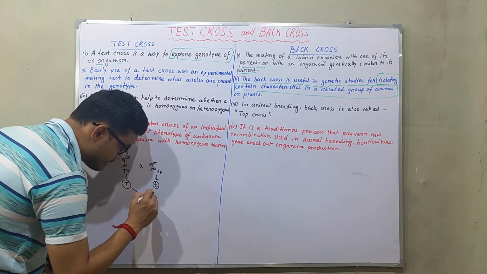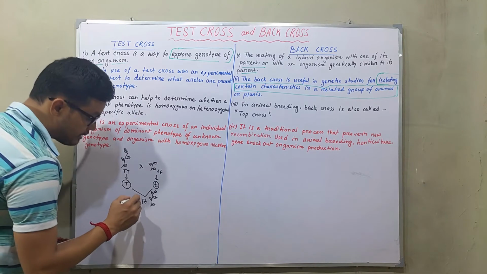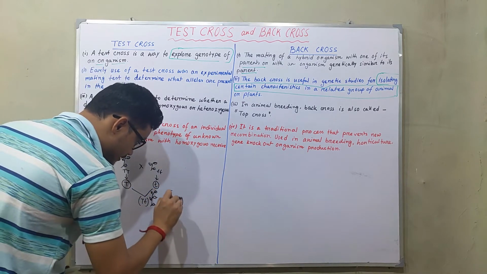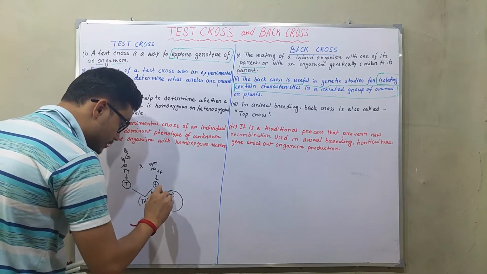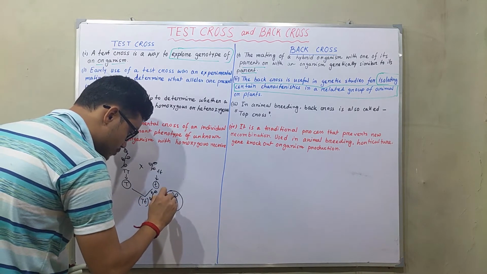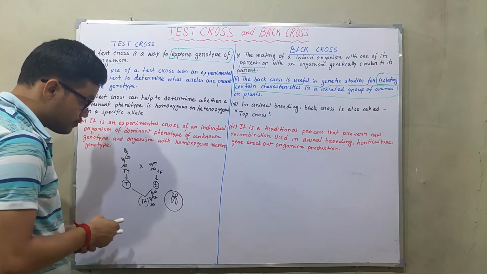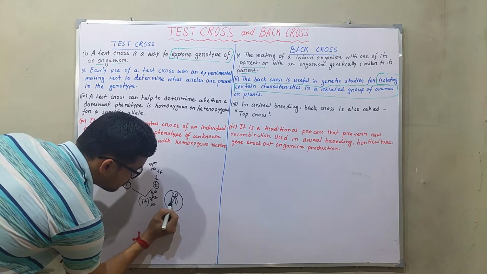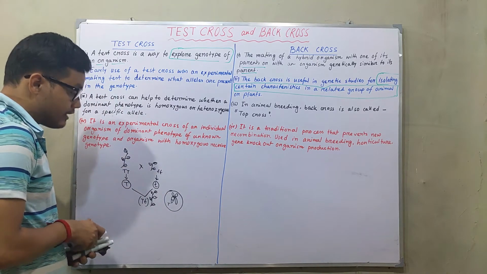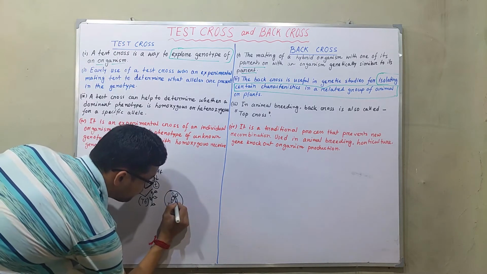So basically it is long, and it is in heterozygous condition. If this is a chromosome pair, in this chromosome pair one allele is for capital T and another allele is for small t.